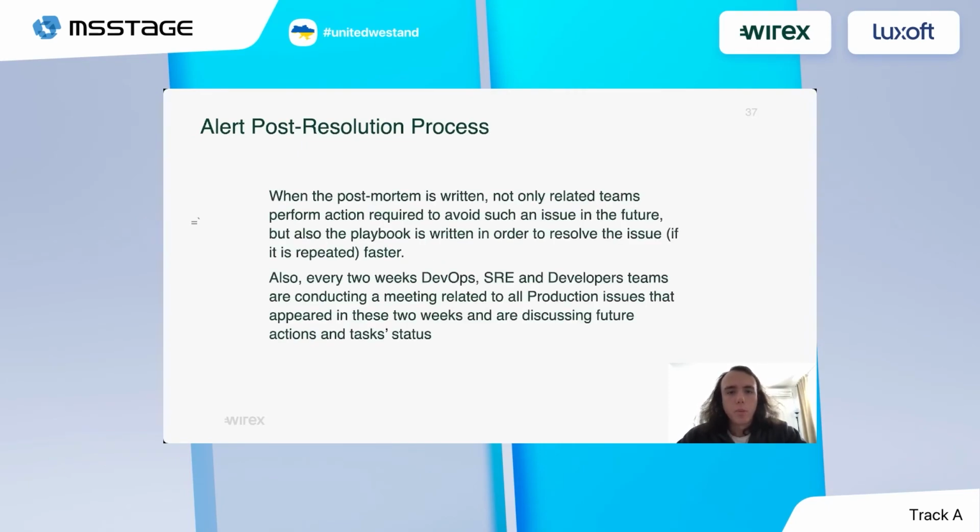When the postmortem is written, not only do related teams perform actions required to avoid such an issue in the future, but also a playbook is written in order to resolve the issue, of course, if it's repeated. Thus, we can resolve potential issues that we already faced in the past. We can solve it faster in the future.